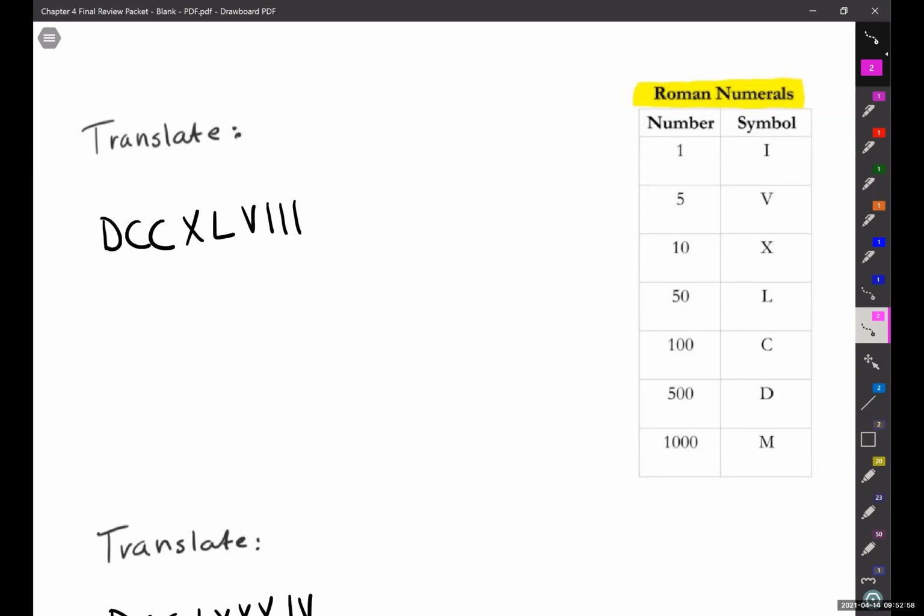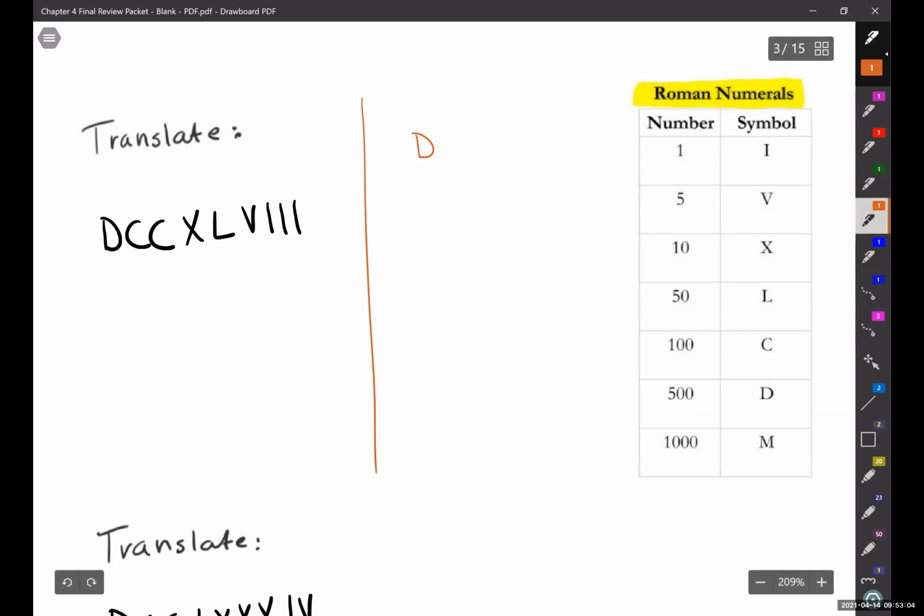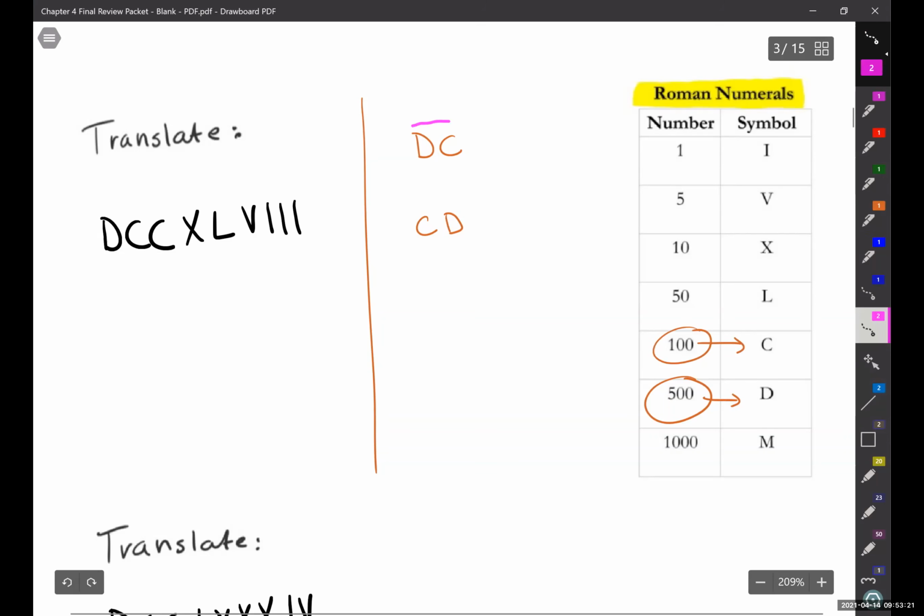So for instance, before y'all get started here, let's just do something as a review off to the side. If I was looking at DC or CD, do y'all agree I'm using the same 2 symbols, but I'm switching the order? So looking at the way it's listed, 500 is D, 100 is C. So do y'all agree here I'm going in descending order, largest to smallest? When it's in descending order, bigger to smaller, then you just add everything together.